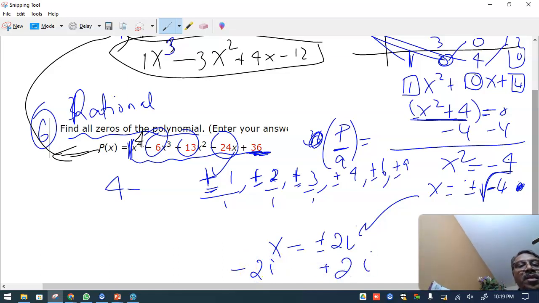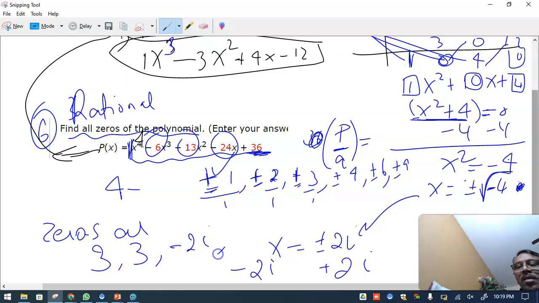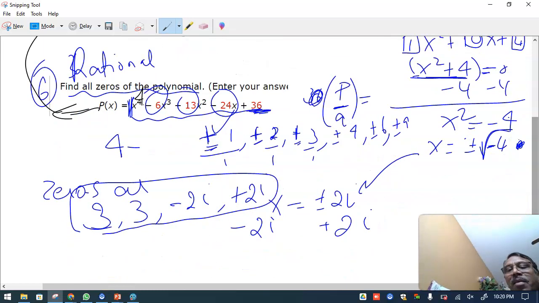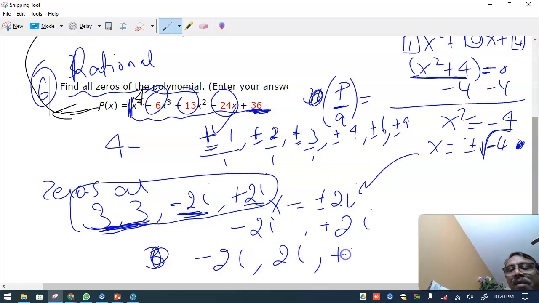So your zeros are 3, 3, minus 2i, and plus 2i. Sometimes they ask you to write all of them, even the repeated one, and sometimes if anything repeats, you write only one. So I'll write negative 2i, then 2i, and then 3, and you're done.